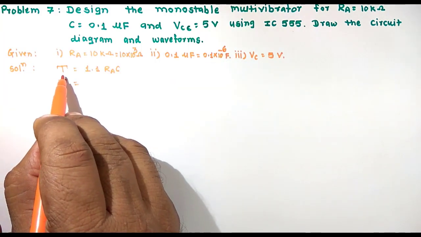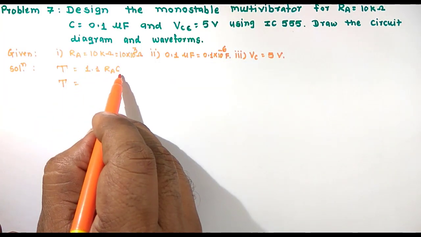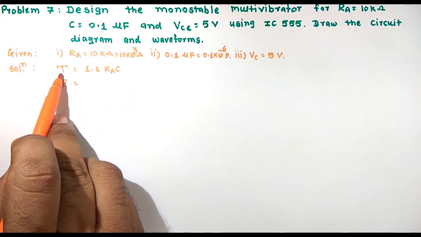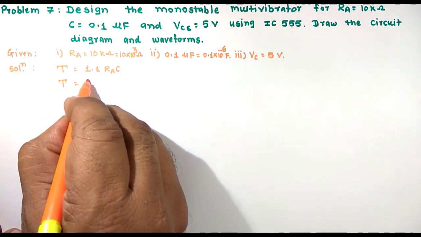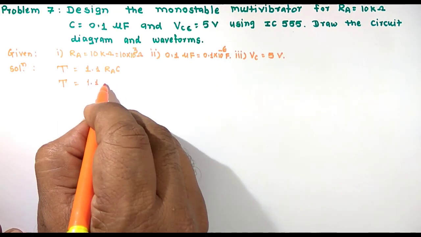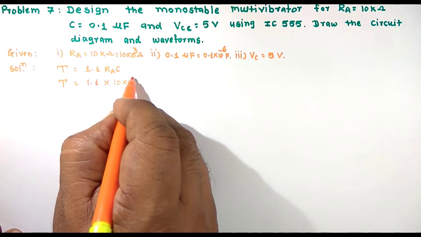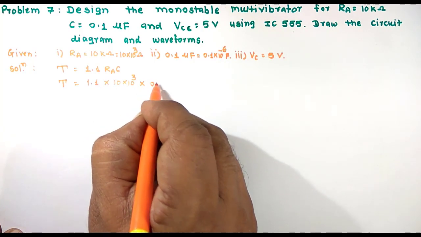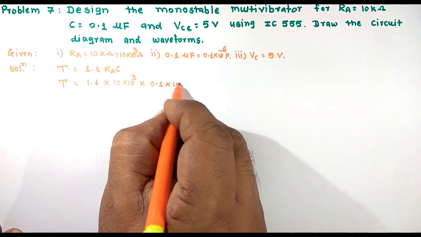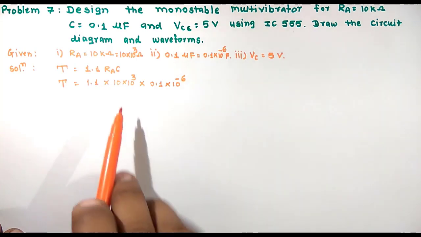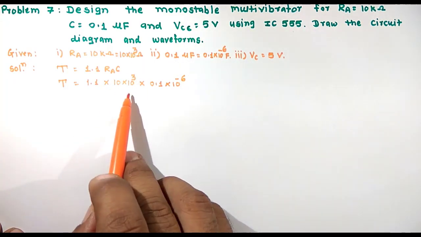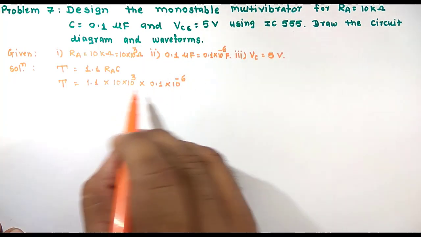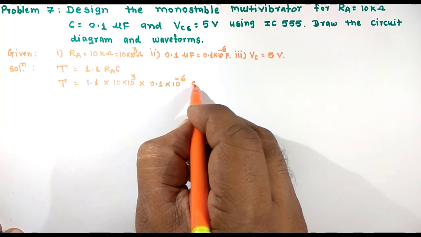So let us substitute the values of RA and C in this equation to find this time. So T is equal to 1.1 into 10 into 10 raised to 3 into 0.1 into 10 raised to minus 6. As resistance is in ohm and capacitance is in farad, this time will be in second.